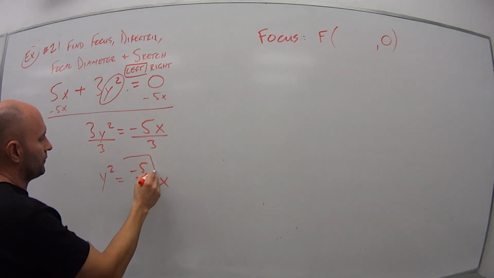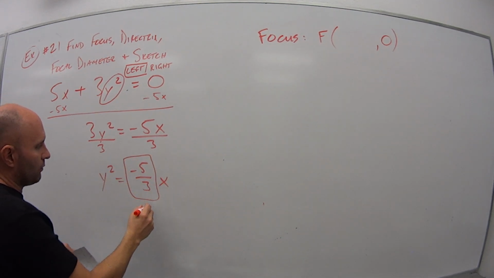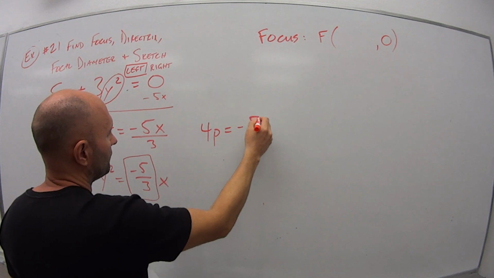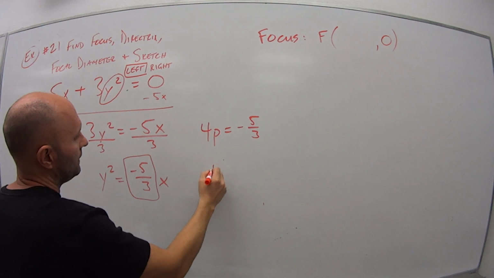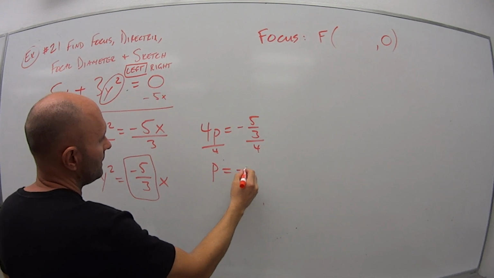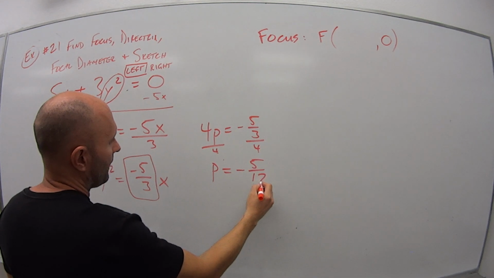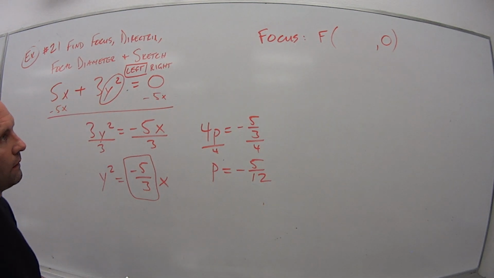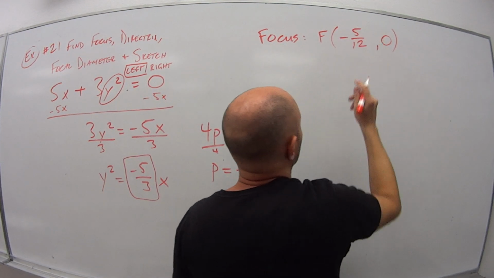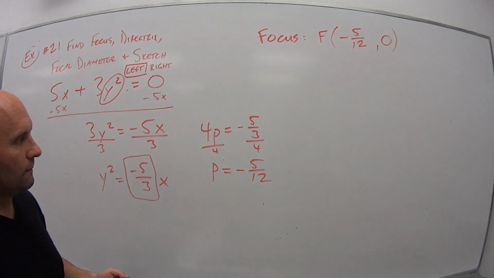Just as in the first problem, we don't have p. What we have here is 4p is minus 5/3. So that means that p, if we divide both sides by 4, is negative 5/12. So our focus is at the point minus 5/12 and 0.